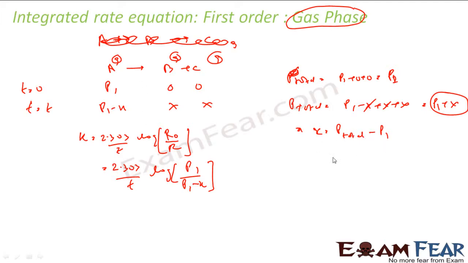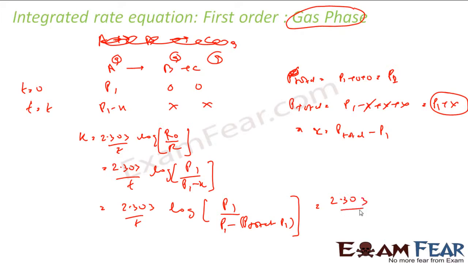With this I can say P1 minus X is nothing but 2P1 minus P total. So I get K equals 2.303 by T log of P1 by 2P1 minus P.